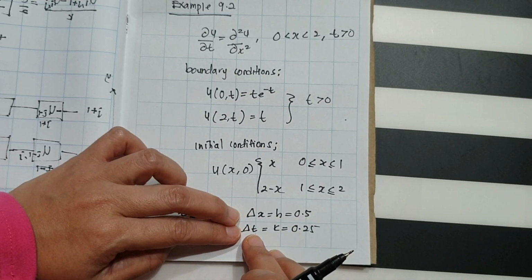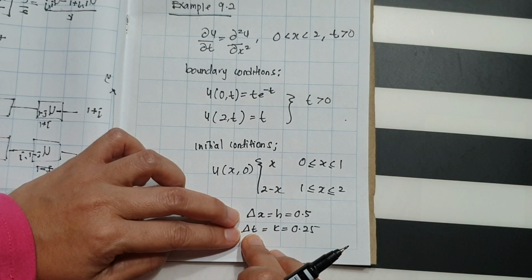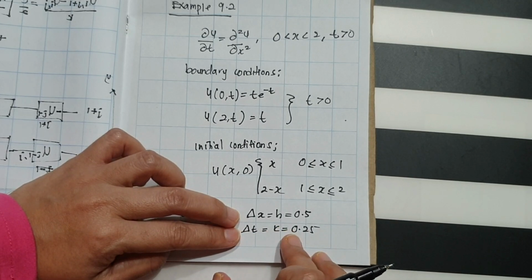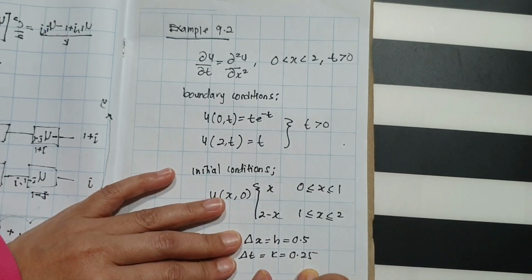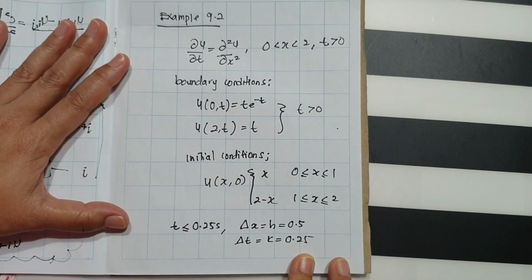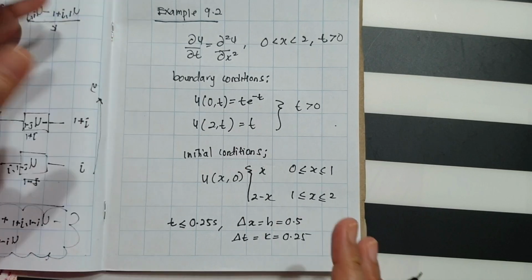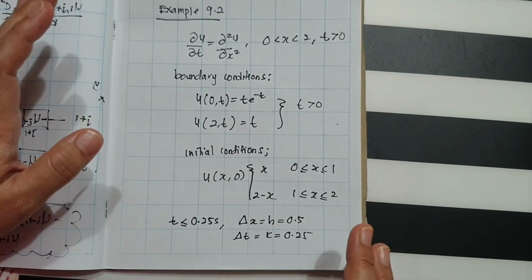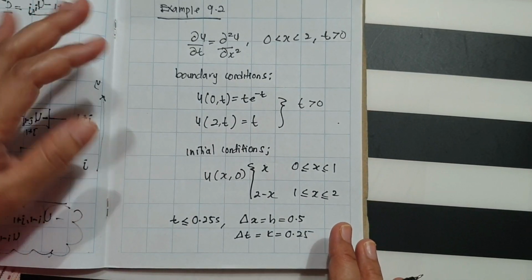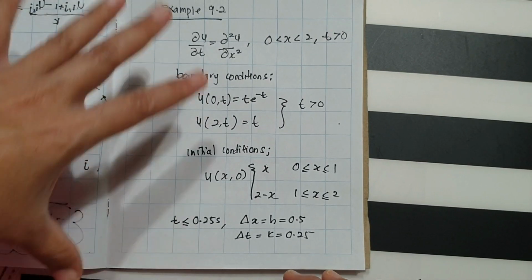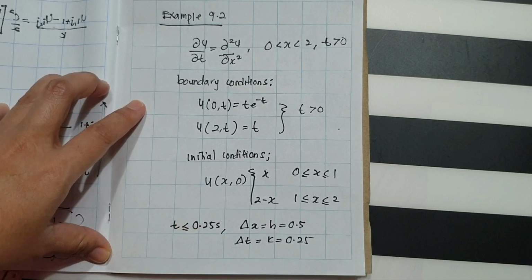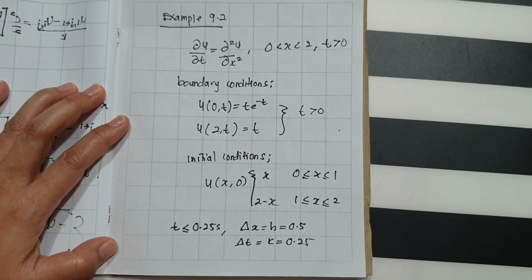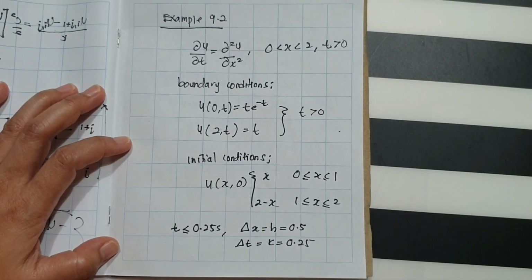The value on the y-axis, which represents time, is 0.25 second. So for the first step, you have to sketch the diagram of the rod and put all the necessary information given by the question into the diagram before you can do the approximation using the implicit or Crank-Nicolson method.